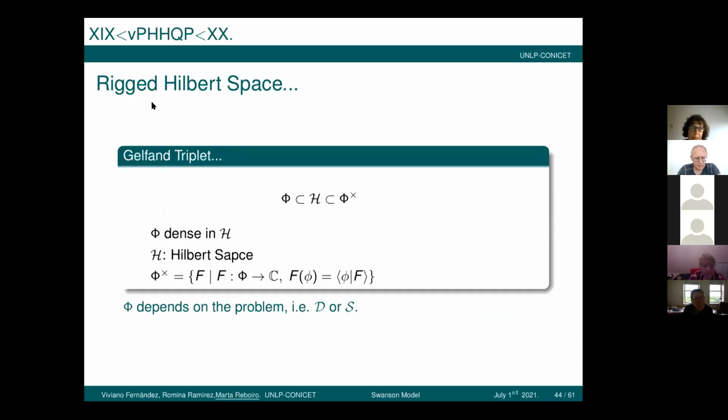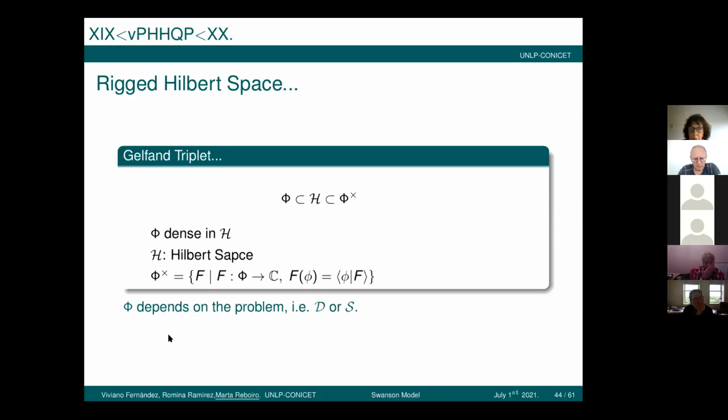The rigged Hilbert space consists of a Hilbert space and two spaces that form the Gelfand triplet: a space which is dense in H, and a space formed by functionals acting on the functions of phi, such that the action of f on phi is given by this bracket.